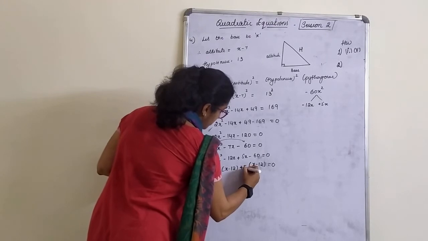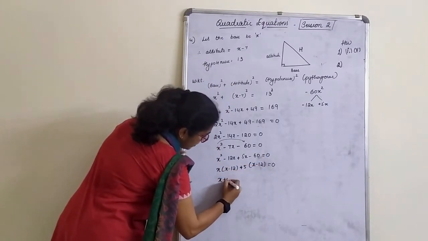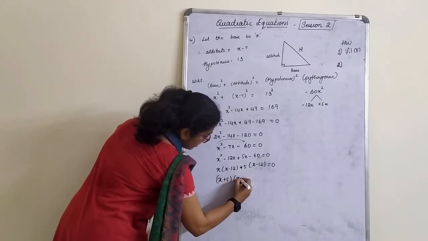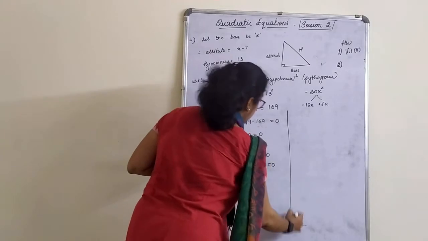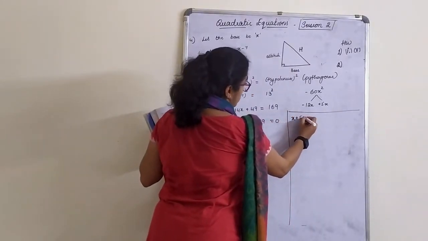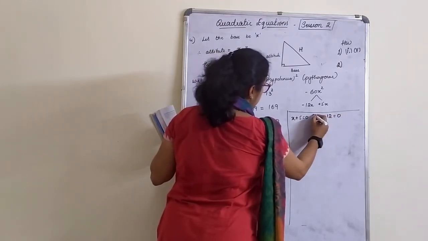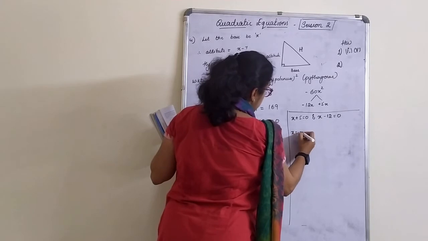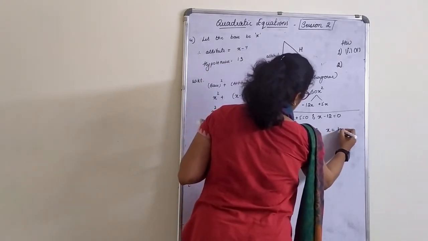Plus 5. 5 into minus 12 is minus 60. (x plus 5)(x minus 12) is equal to 0. x plus 5 is equal to 0, x minus 12 is equal to 0. And x is equal to minus 5, x is equal to 12.